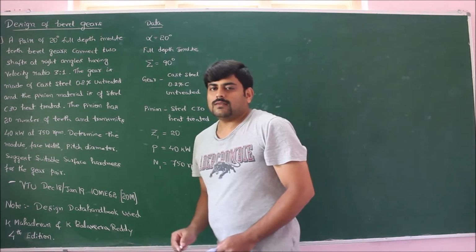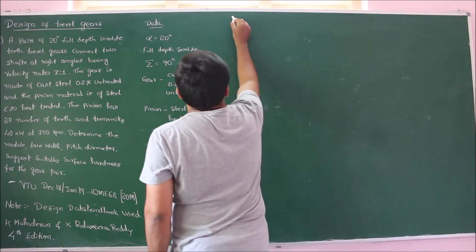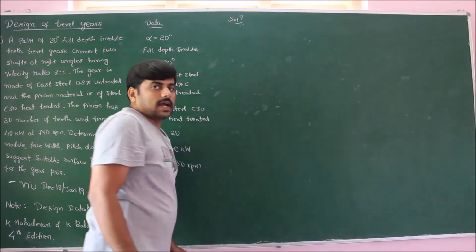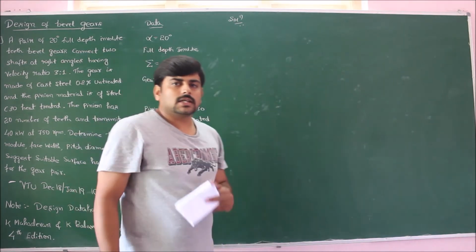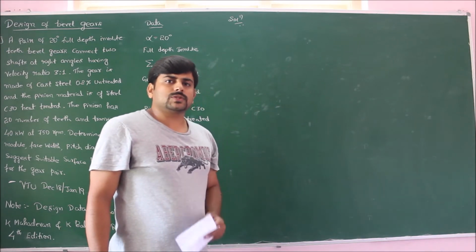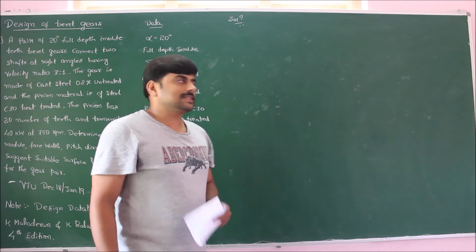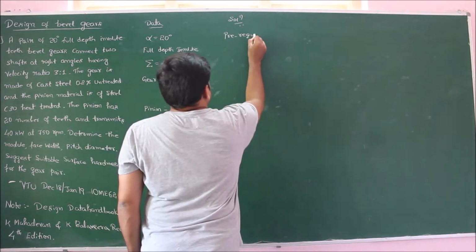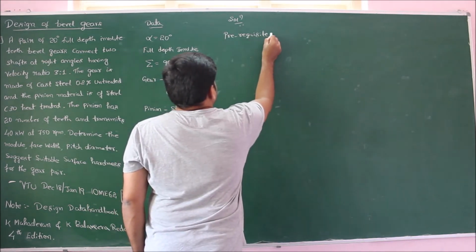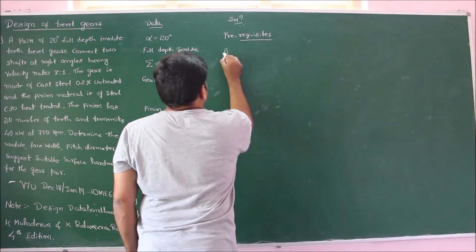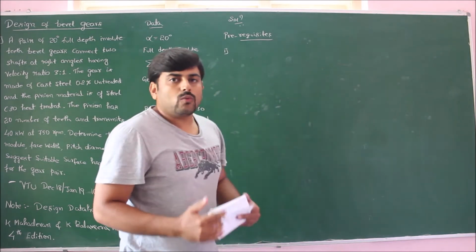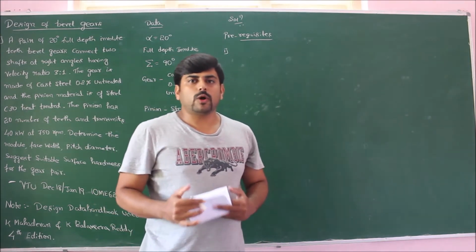Let us solve this problem. Coming to the solution, as I already discussed, before moving on to the steps to solve this problem, first we should know the prerequisites. The first prerequisite is in what form we should handle the module equation.